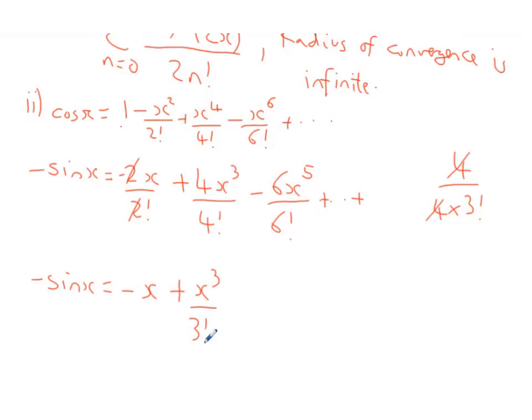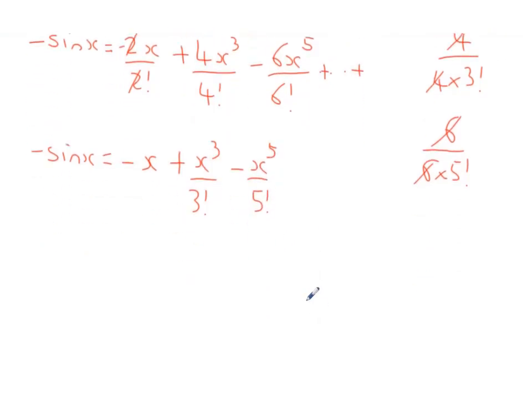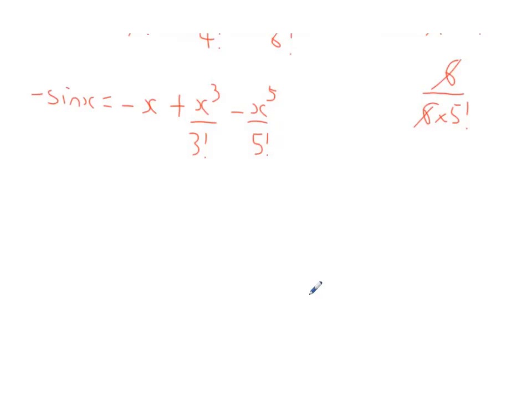The next one, you've got minus 6 over 6 factorial. So 6 over 6 factorial is the same as 6 over 6 times 5 factorial. Again, cancel, we just end up with minus x to the 5 over 5 factorial. So then we have an expression for minus sine x.